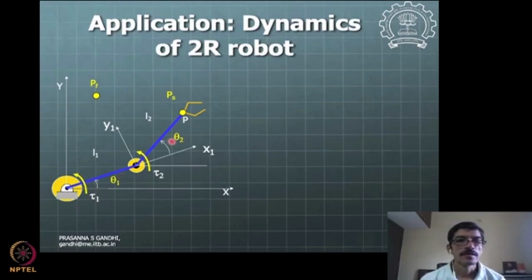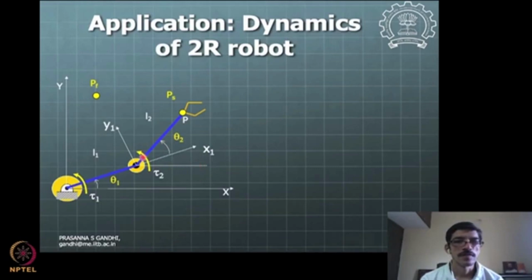Notice here that this theta 2 is measured in the coordinate frame which is moving. So while writing energies, you need to account for that and write proper expressions, because theta 2 is not defined with respect to the stationary x axis.